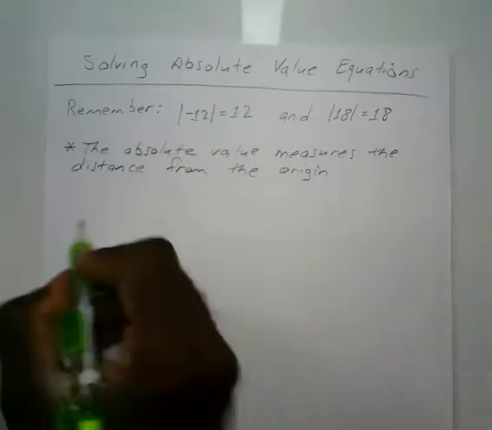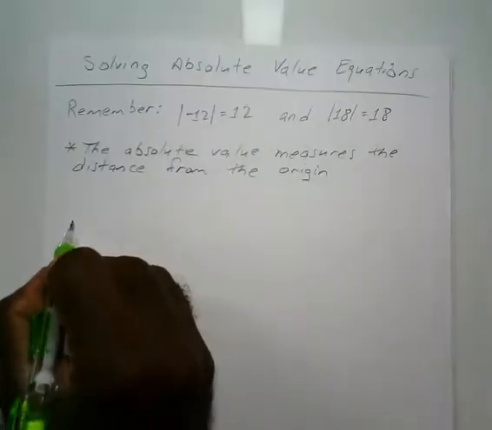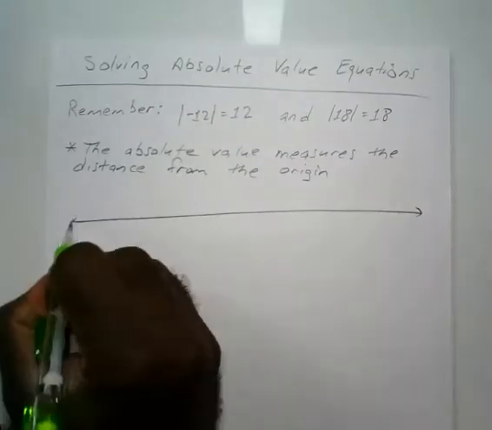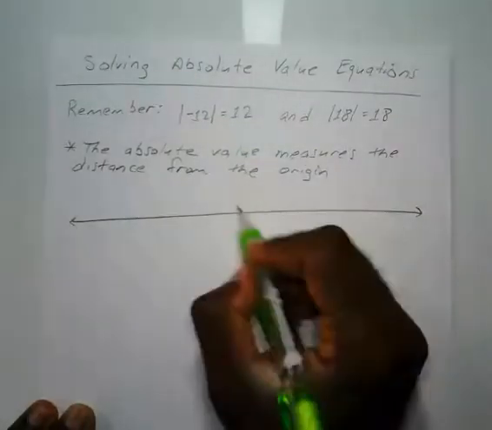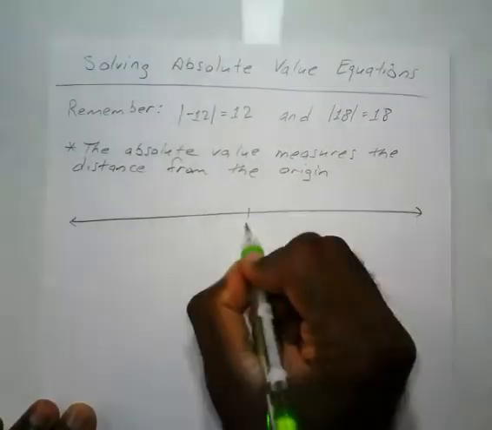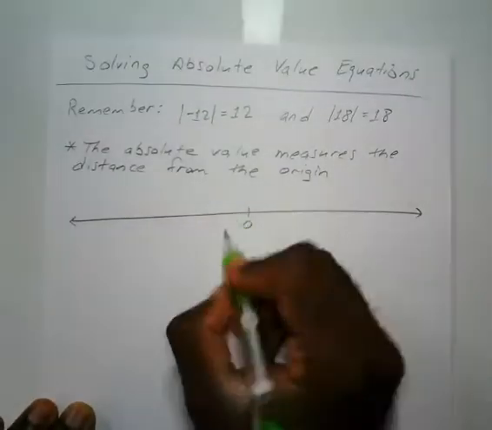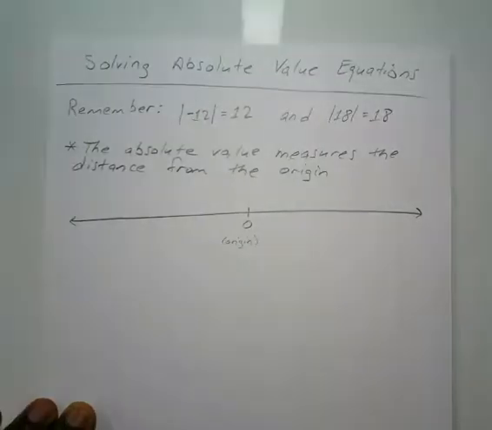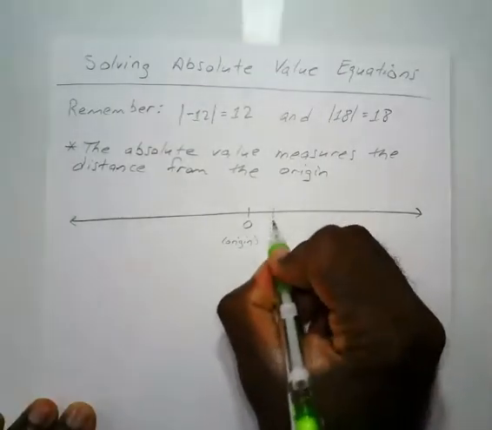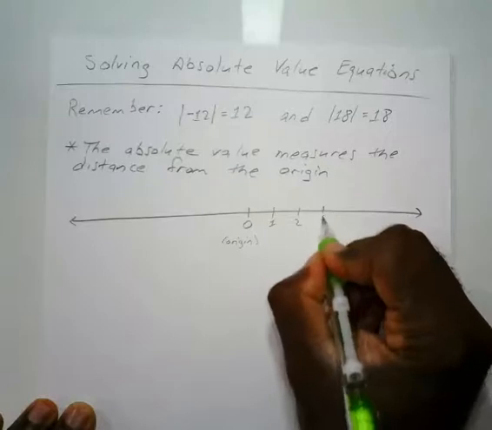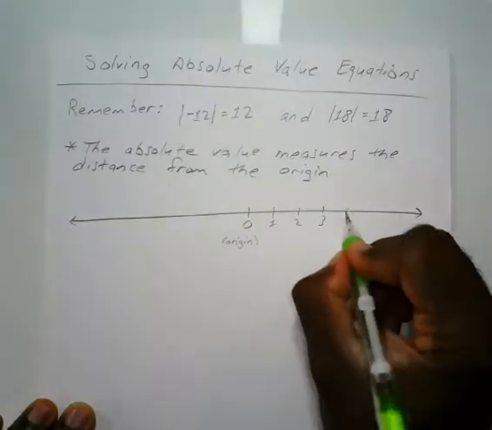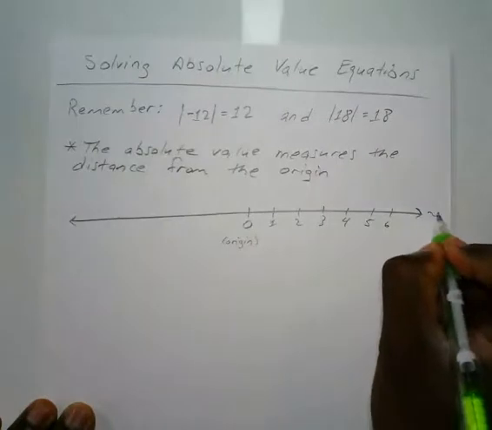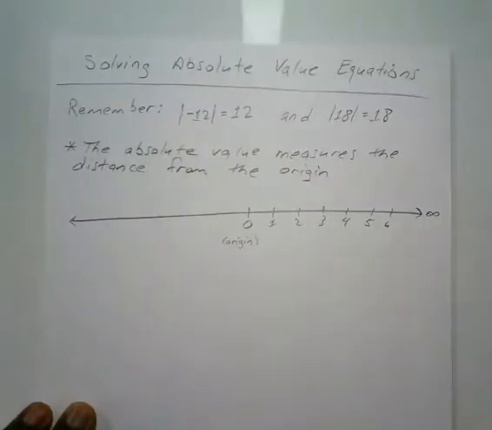Let's say we have our number line. We'll say this is 0, which of course is our origin. This is 1, 2, 3, 4, 5, 6, and it keeps on going all the way to positive infinity.